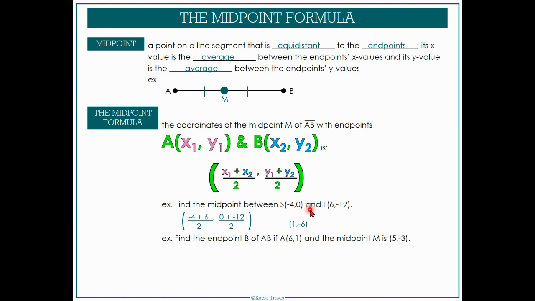Okay. So next one we got to find the endpoint this time of AB. If A is 6, 1 and the midpoint is 5, -3. Now you can set this up with the formula, or you can actually go through and look at our 2 points. See, our x value here is 6, our x value here is 5.